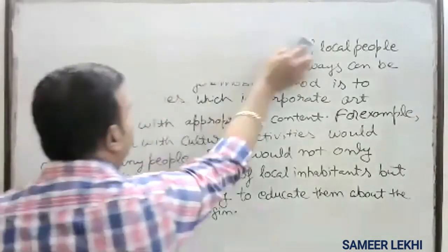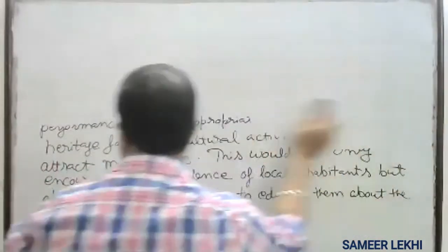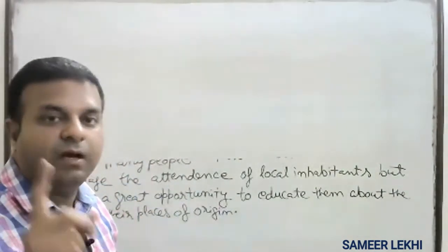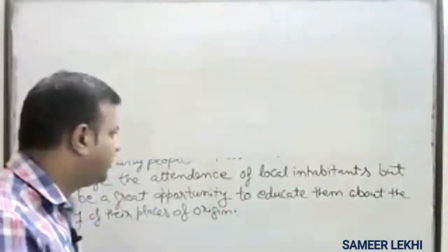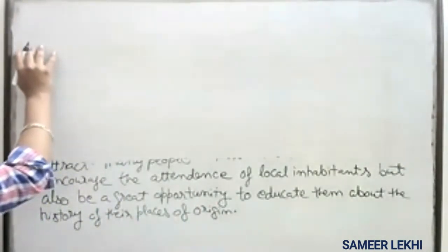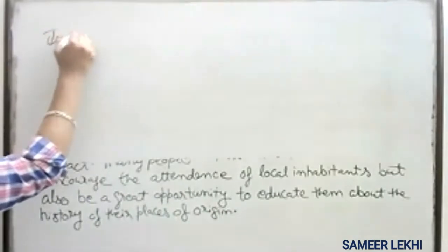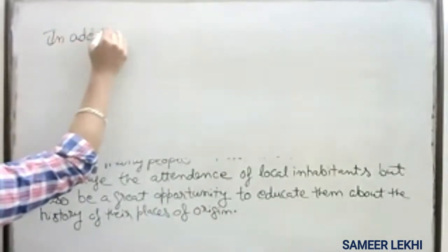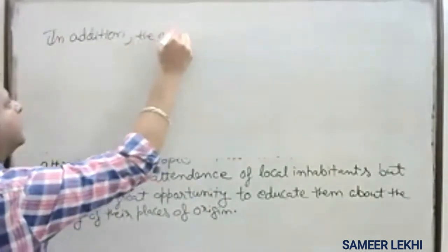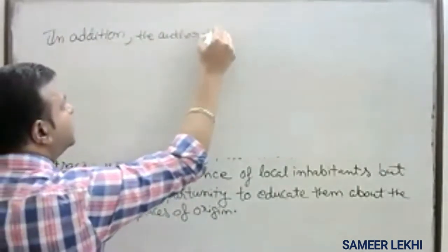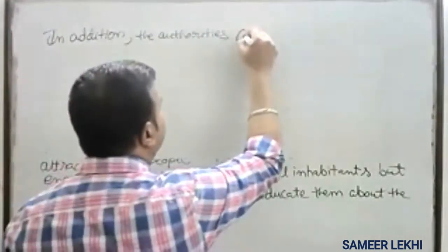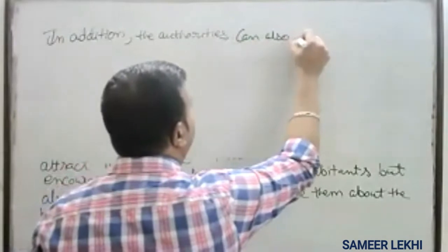Now the next point we are left with is admission charge. Okay, let's go with that. Let's use another linker. So in addition, the authorities can also lower.